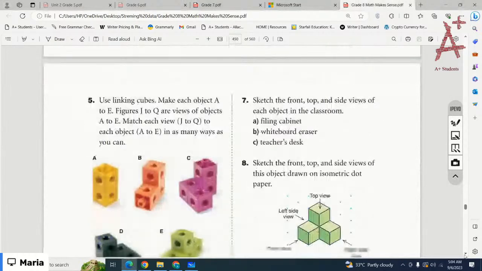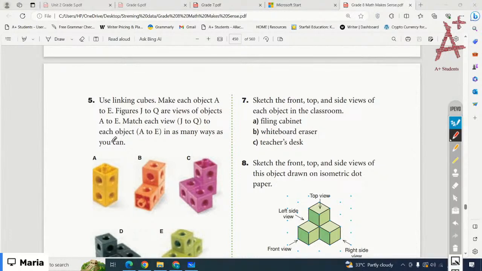Okay, use linking cubes. Make each object A to E, and match the views of the objects A to E. So you have to draw the views of the questions again, right? If you look at question number A, the top view is when you see A from the top, you can just see a single square, right?